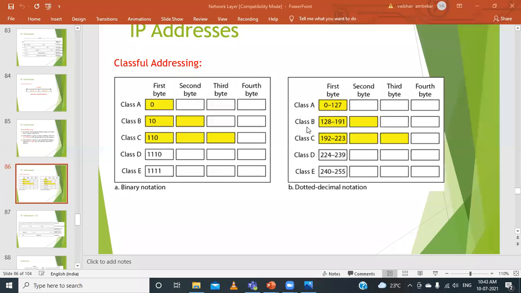Similarly, in class C, 3 bytes will indicate the net ID and 1 byte will represent the host ID. To give an example, consider the previous example that we took. What is the starting number?